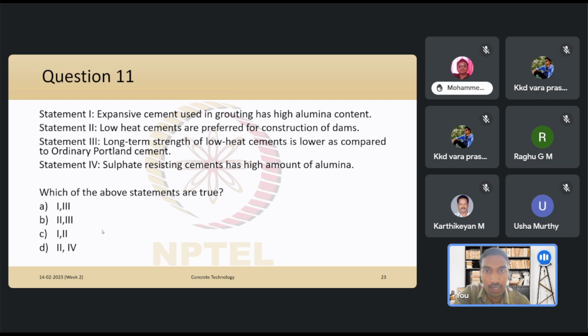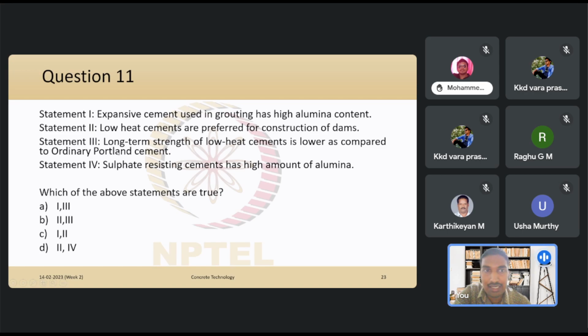To counter that, we reduce the amount of alumina in terms of the compound C3A. That's what we do in a sulfate resisting cement. This statement says that sulfate resisting cement has high alumina, but that is just the opposite of what we do, and therefore that's an incorrect statement.